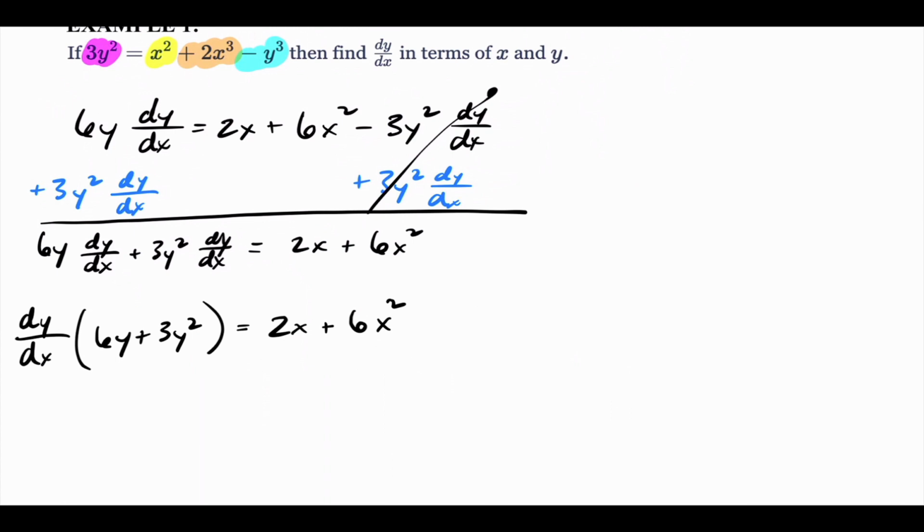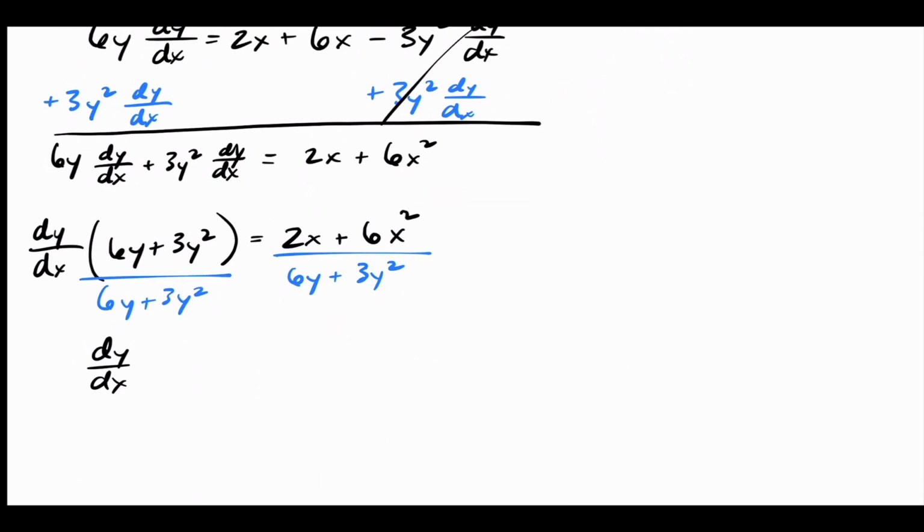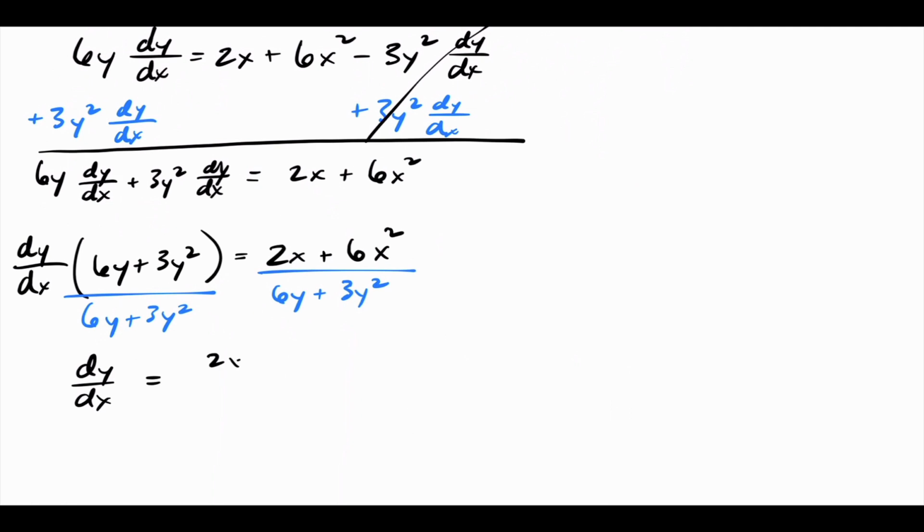Last step. How do I get dy dx by itself? Divide. Divide by the stuff I don't want. So I get dy over dx equals 2x plus 6x squared over 6y plus 3y squared.